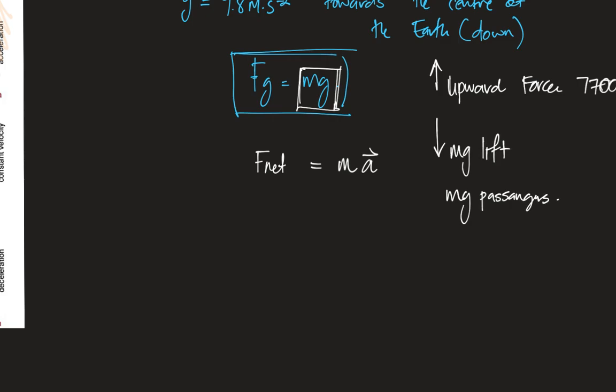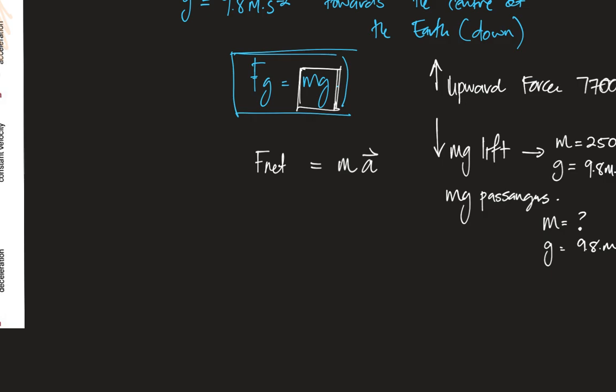Now for the lift, I know the mass value is equal to 250 kilograms, and I know the g value is equal to 9.8 meters per second squared. For the passengers, I don't know the mass, but I know that g is equal to 9.8 meters per second squared.